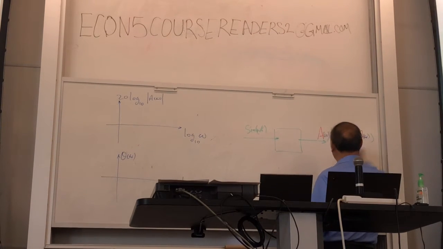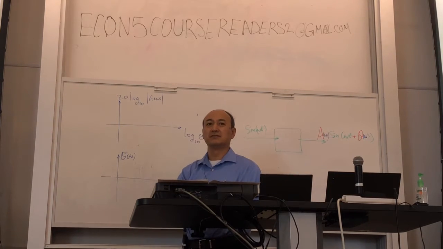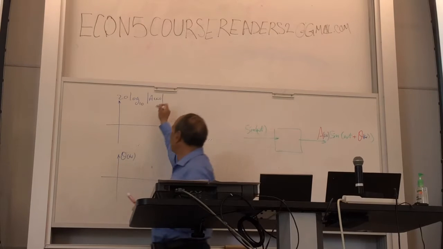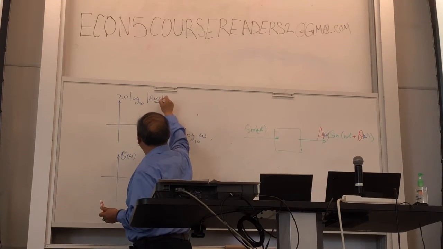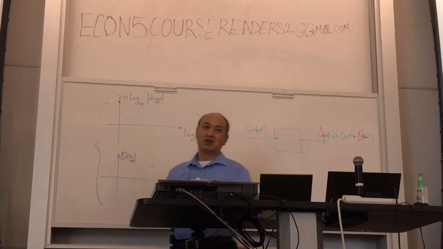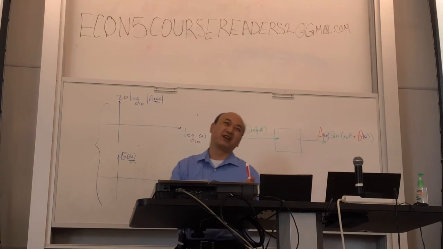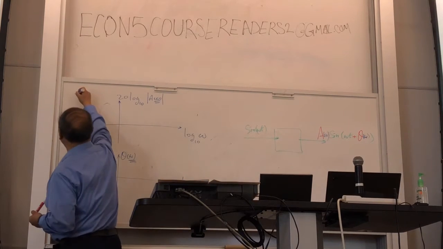The theta is a function of omega. Make sense? So these two are called the Bode plot. It is a special form of representation of frequency response.